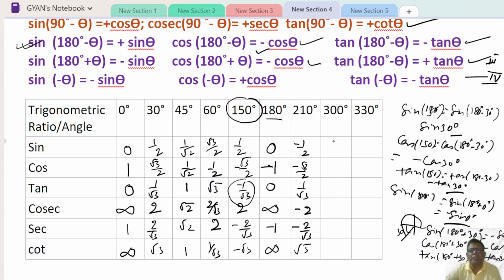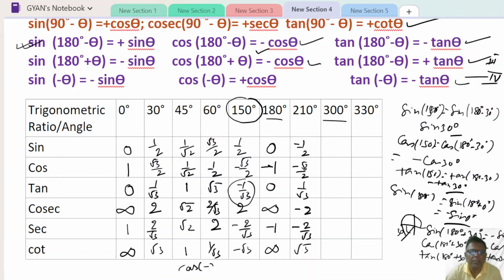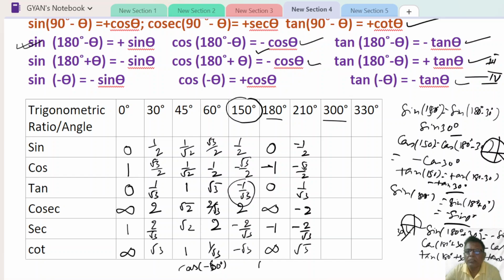Now 330 degrees. So here you can use the fourth quadrant formula because it is in the fourth quadrant. So what is the fourth quadrant formula? Sine minus 60 degree. You can write it because 330 is lying here, so this angle is 60 degree.